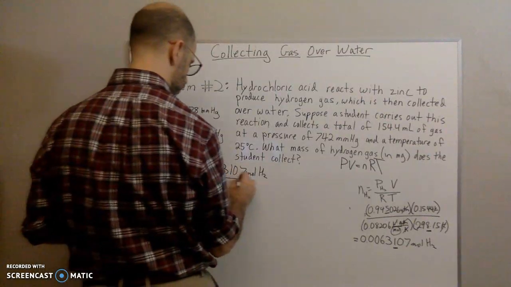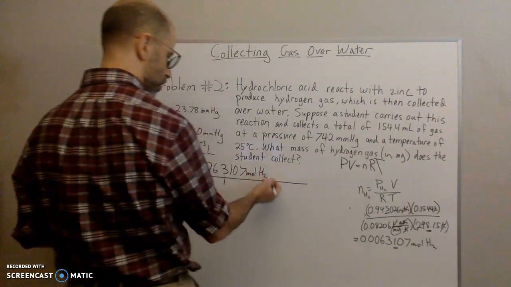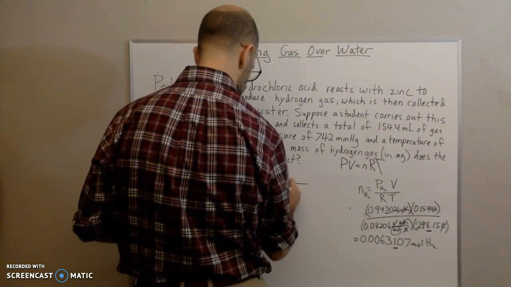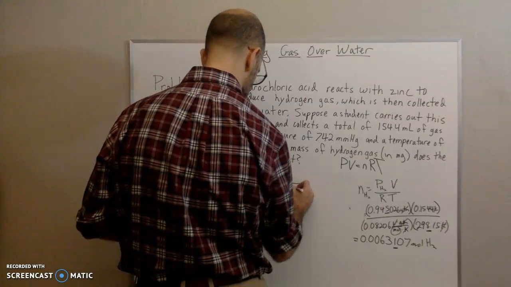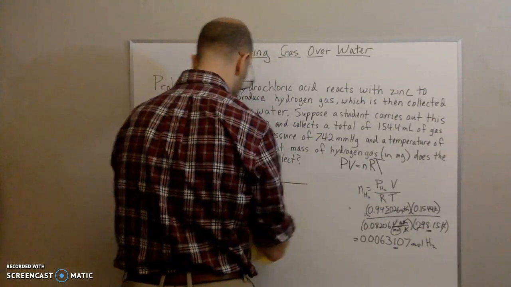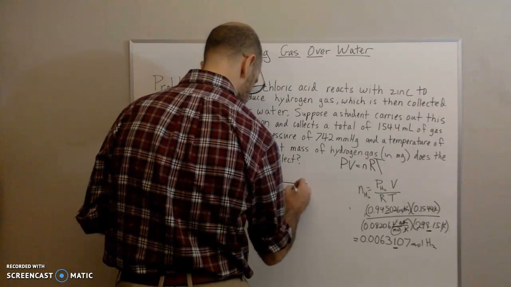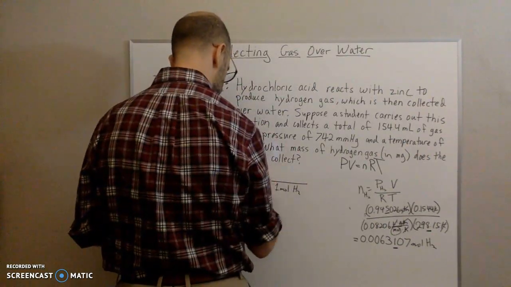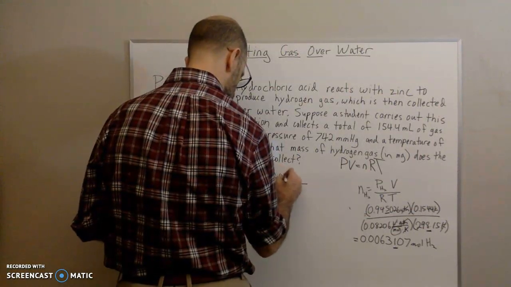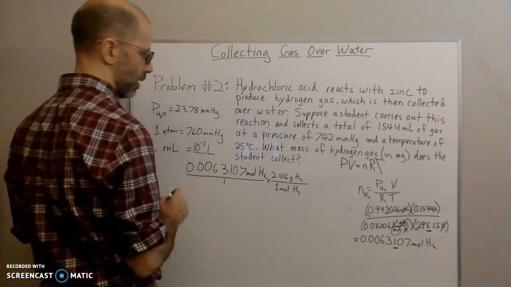So I want to convert that to mass. So we use a molar mass. So H2 is going to have a molar mass of 2.016 grams per mole. So I'm going to want to put that on the top. So 1 mole of H2 on the bottom to cancel out with H2 on the top. And then I'm going to have 2.016 grams of H2 on the top.